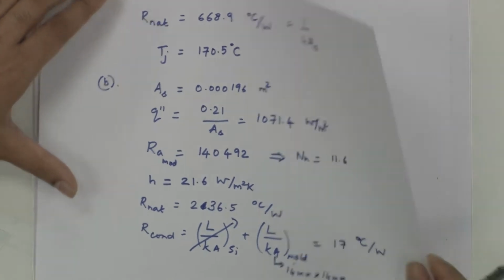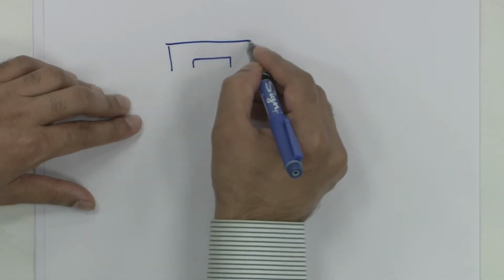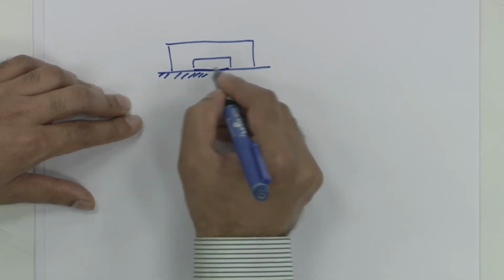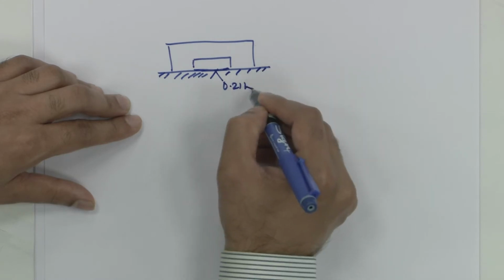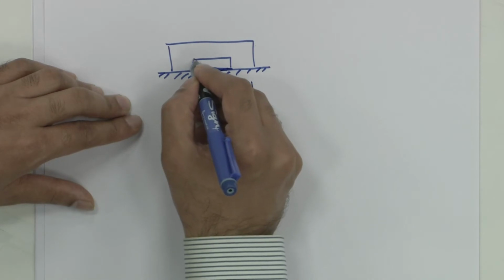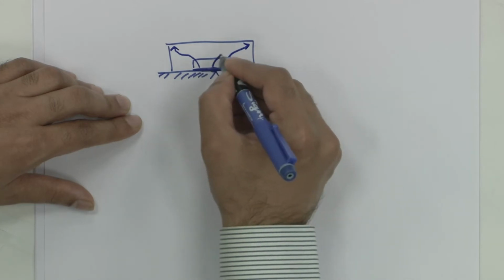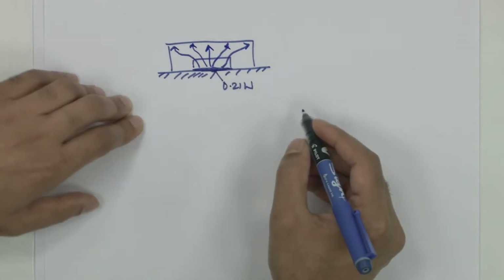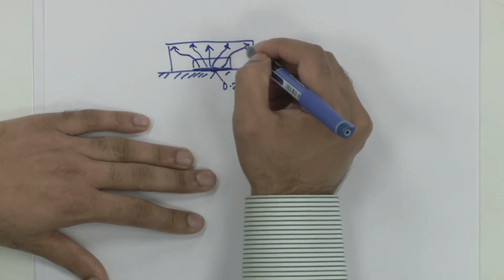But one important thing to notice is that if I draw a cross section, this is my device, assuming it's insulated, and only 0.21 watt is dissipated from this base. Heat needs to spread to these locations. So, there is a spreading resistance associated with this problem, and that resistance needs to be accounted for.